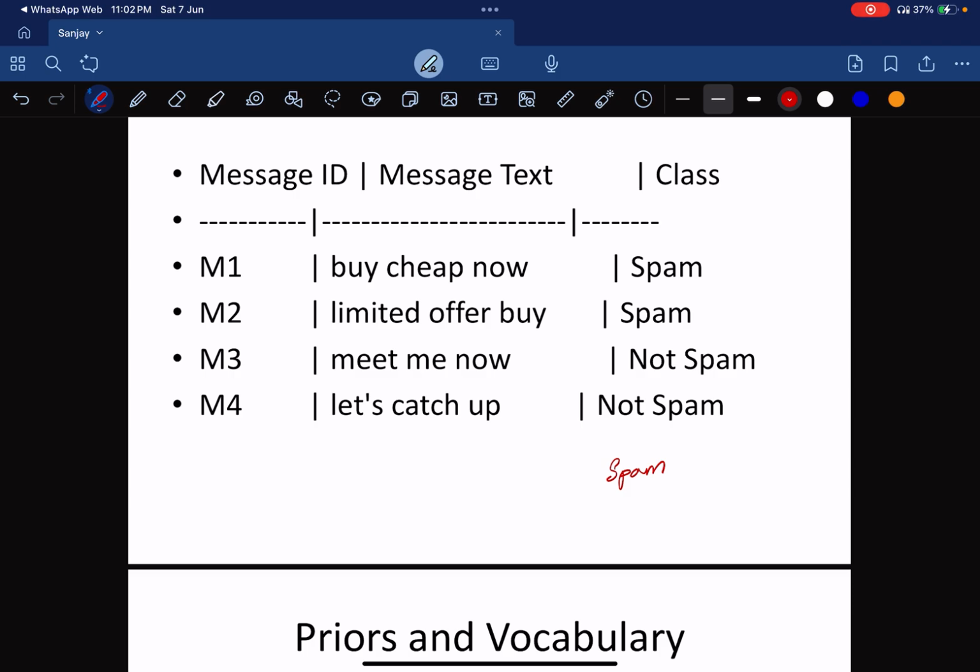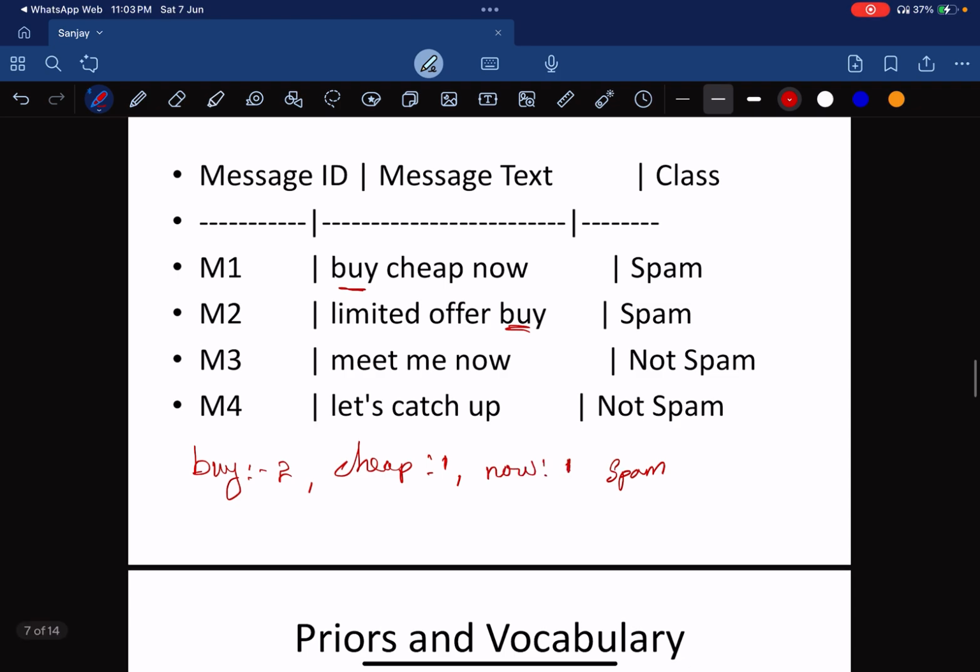For example, in this case, "buy" occurs two times, one, two. And "cheap" occurs one time. "Now" occurs one time. "Limited" is one time, and "offer" is also one time.